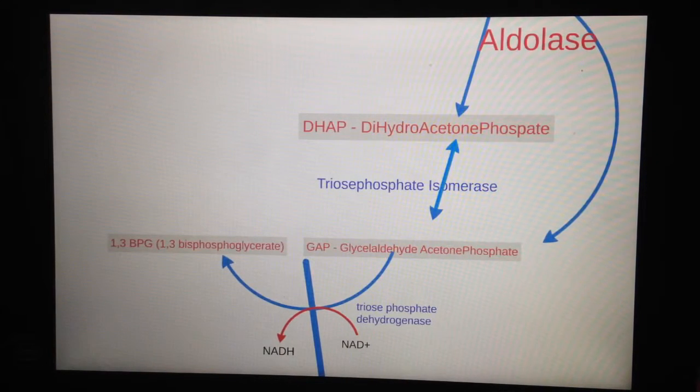We come across this molecule called NAD plus and NADH. Actually, this molecule is also very, very interesting. It gets involved in the electron transport chain, which is a deeper reaction to make energy.